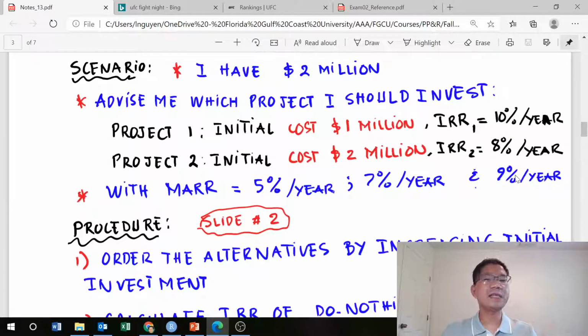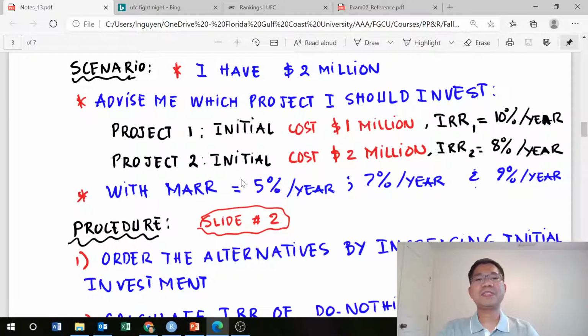It is eliminated immediately. It's not financially viable. I better go somewhere with 9%. I don't go with project 2. So if MAR is 9% per year, I should go with project 1. 10% per year, greater than MAR. Project 2, 8%, less than MAR. Project 2 is automatically not financially viable. Eliminated. Make sense? So that's 9% per year.